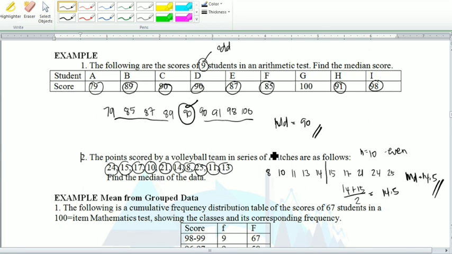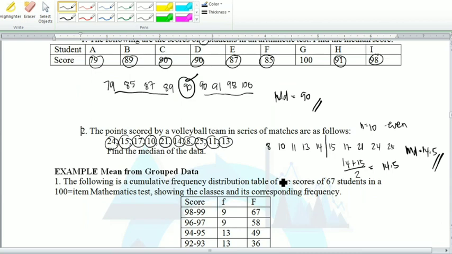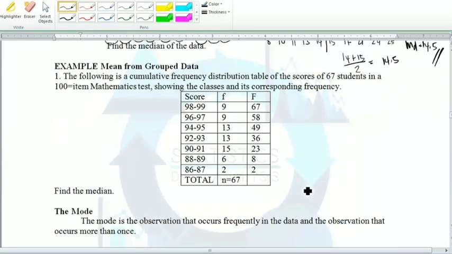So, you will be the one to construct the table, make the classes, as well as determine the frequency, the midpoint if needed, the cumulative frequency, and all. Okay? So, what we will do here is solve the median. Before that, let us first write the formula for the median for grouped data.